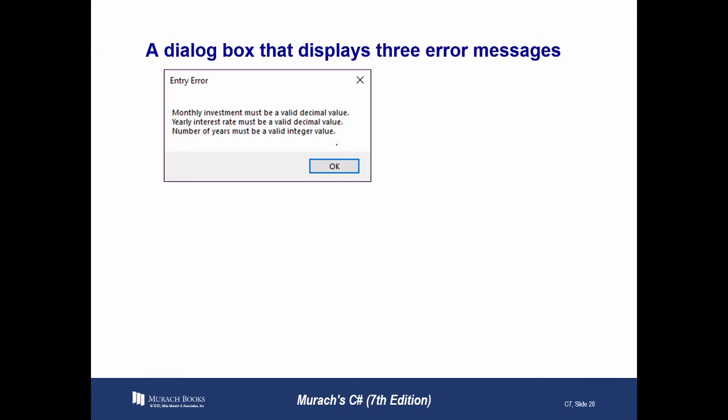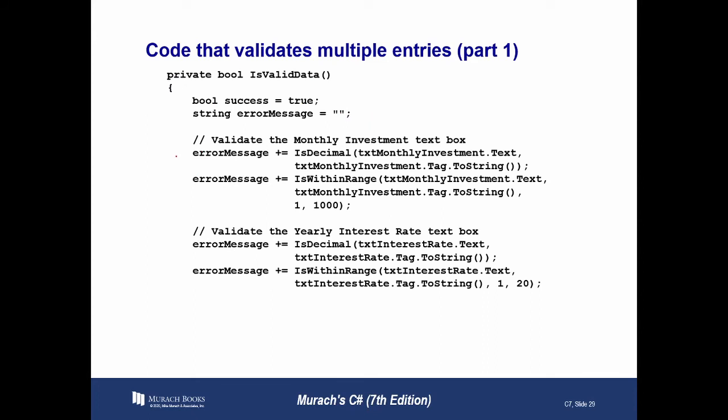Okay, so a dialog box that displays 3 error messages. I've got 3 errors here and here. So you can pack these things with a little bit of information if you really want them to be.